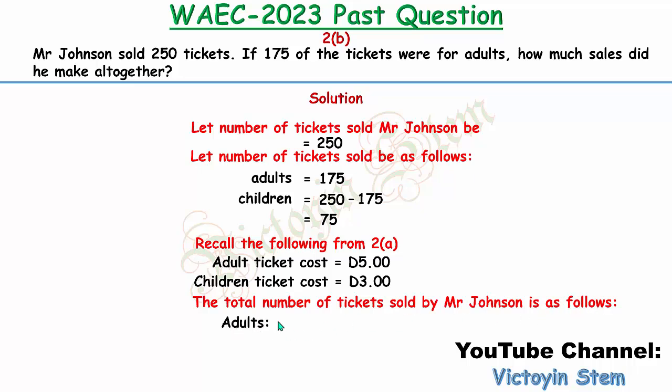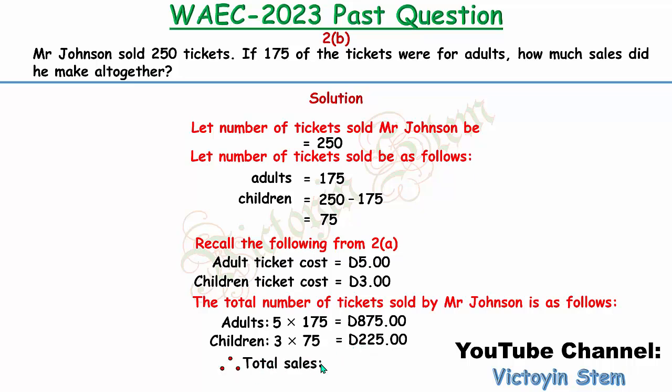Okay, adults will be 5 because each ticket for an adult costs 5D, so it will be 5 times the total number of adults, 175, which boils down to 875D. For children, each ticket costs 3D, so it will be 3 times 75. Okay, 3 times 75 will be equal to 225D.